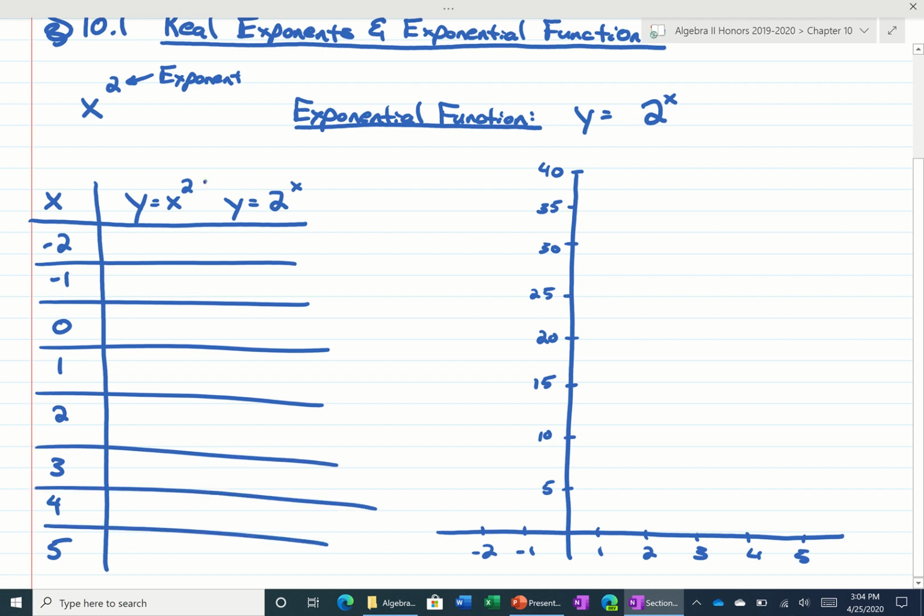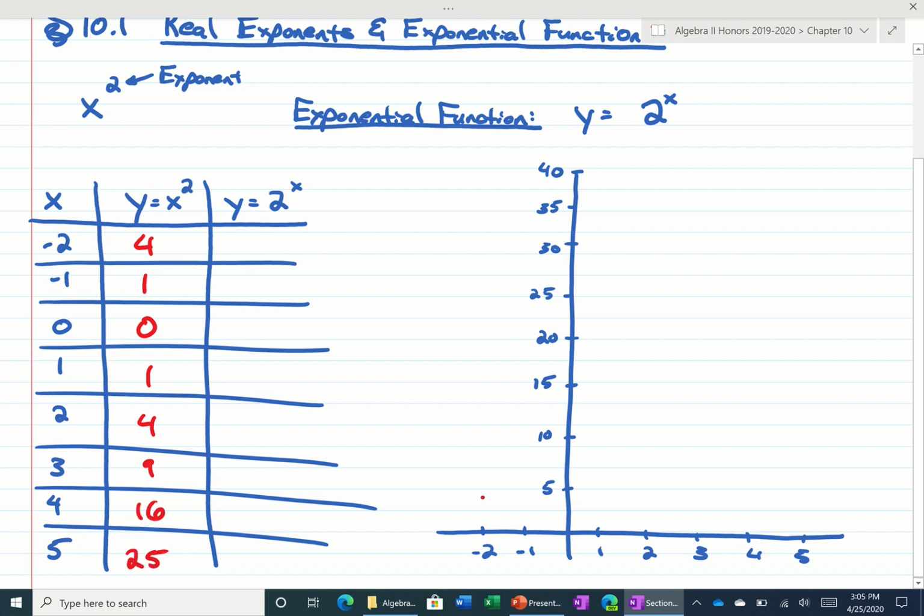Alright, so I'll do x squared in red. So if you put -2, -2 to the second is 4. -1 to the second is 1. 0, 1, 2 squared is 4, 9, 16, and 25.